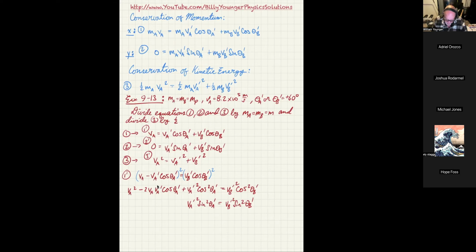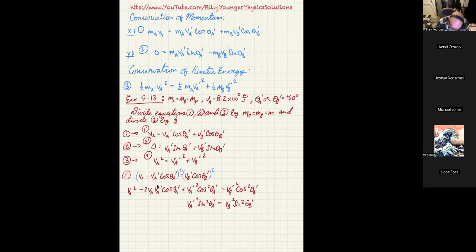So we've basically gotten rid of the cosine dependence in the last term on the equation 1 prime and the sine squared on the first term on the 2 prime equation. So similarly, when we add the right-hand side, we're going to get VB prime squared times cosine squared plus sine squared again. So when I add these two equations, I can get this really nice expression.